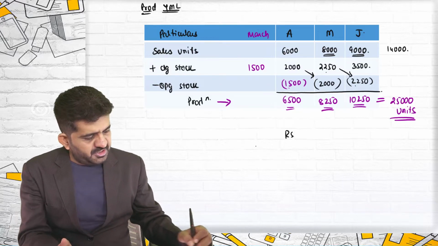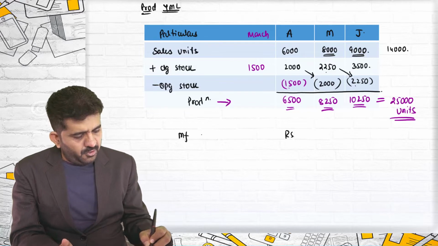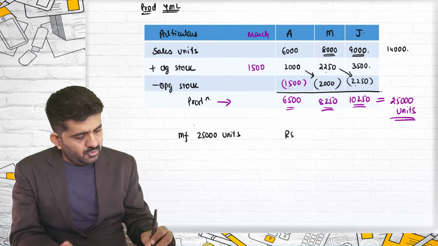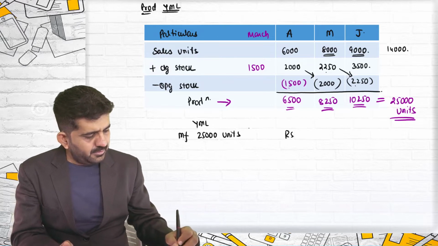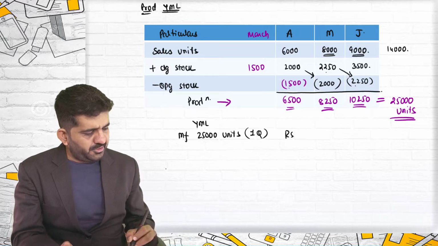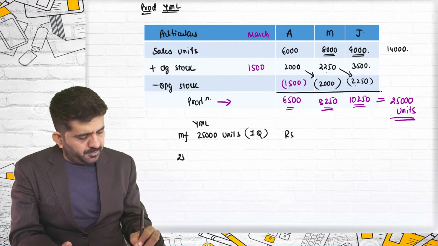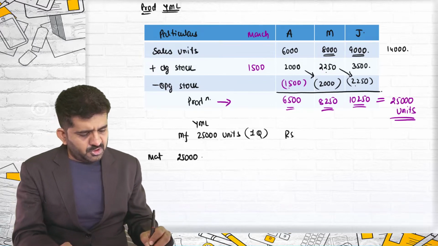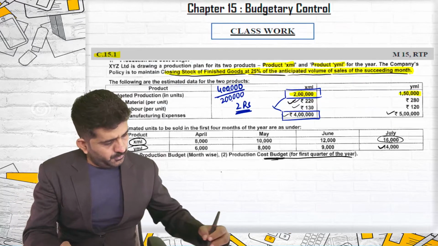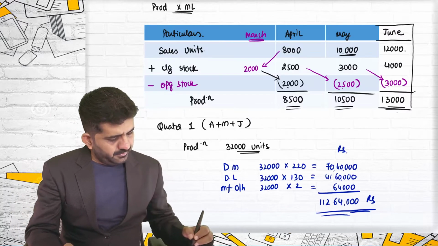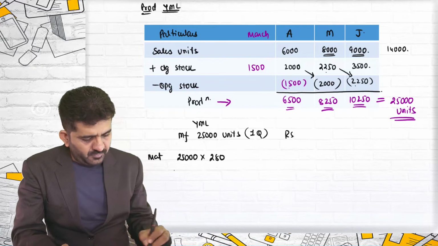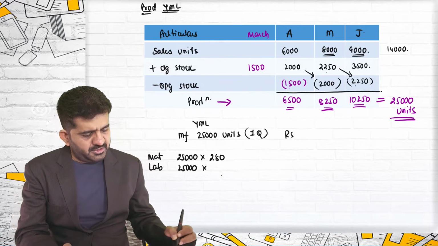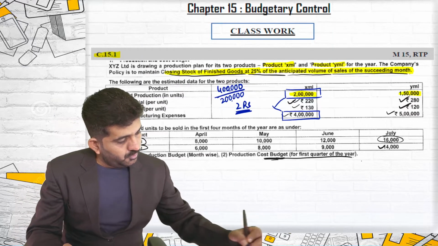So production budget in rupees for manufacturing 25,000 units of YML in first quarter. How many units am I going to prepare? 25,000. What will be material cost? 25,000 into 280. Labor cost will be 25,000 units into 120.